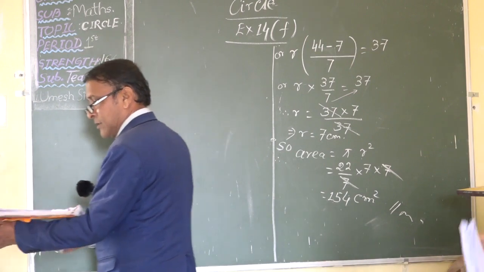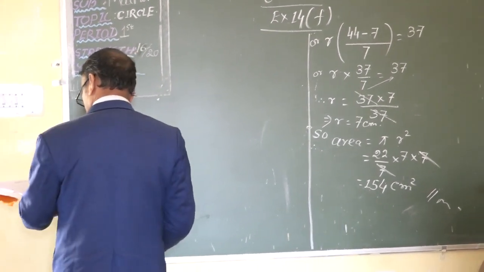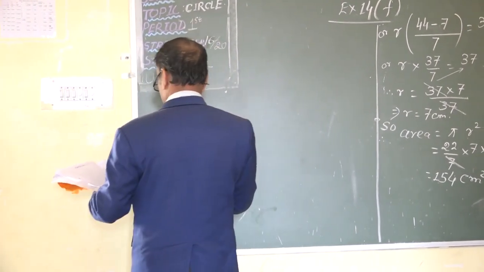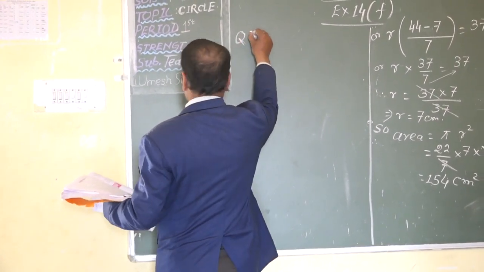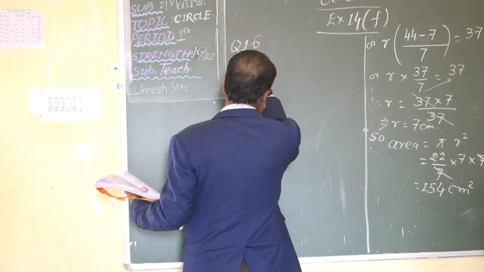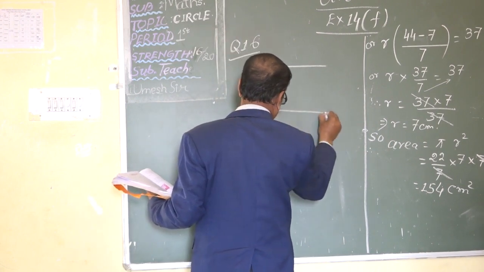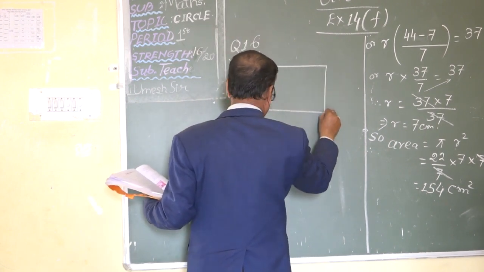If I do one, the other two will be homework for you. It's your choice. So the last one, question number 16, I am doing. Sir, including question number 14. Sir, 14.